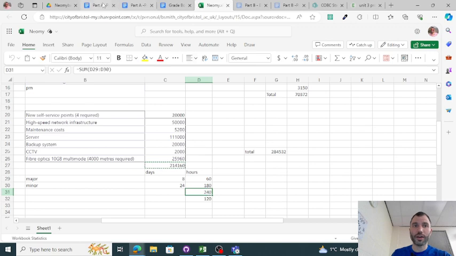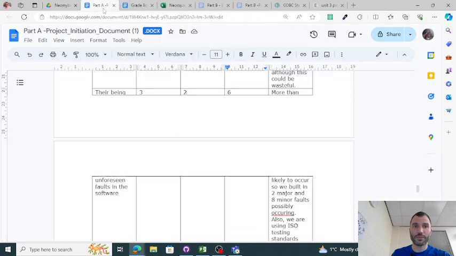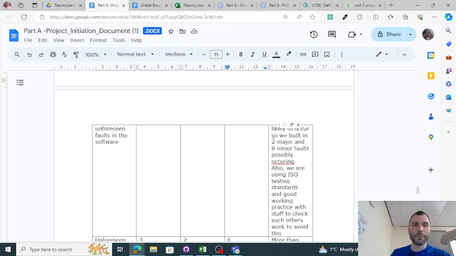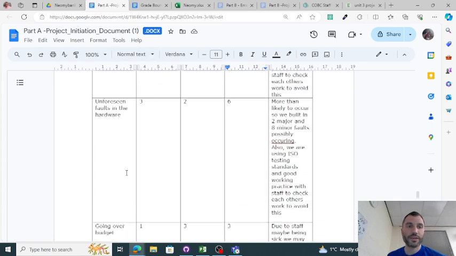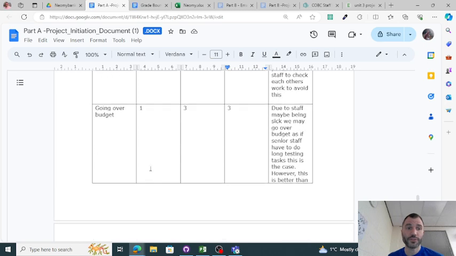That's quite a lot of cost and testing time, right? But because of that, those unforeseen faults are not going to affect things. Having high testing standards to find those faults and then building in the time to fix them is really important. So that's how we mitigate against this. And the same thing I said for hardware as well, so hardware and software.